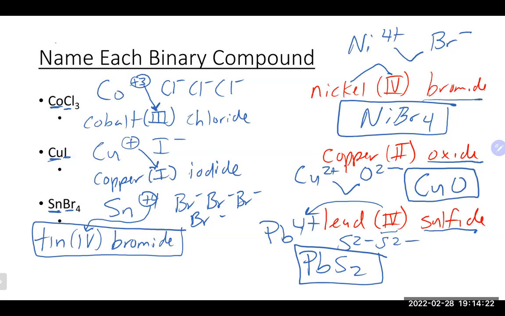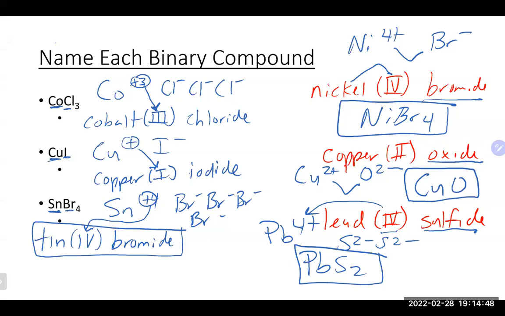Those are our group 1, group 2, group 3, or zinc, cadmium, or silver from the transition metal region. You just use the whole name of the metal and -ide for the non-metal. Any additional metals or non-metals that you have in the formula, twos, numbers like that, we do not use prefixes ever in a type 1 compound.